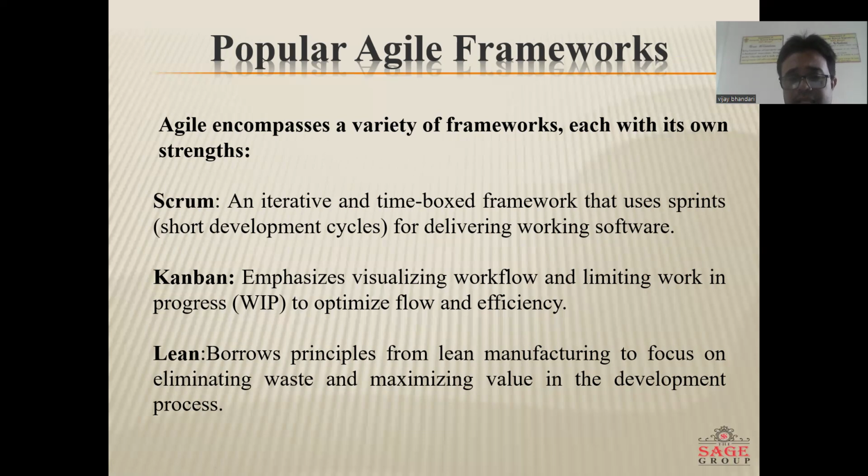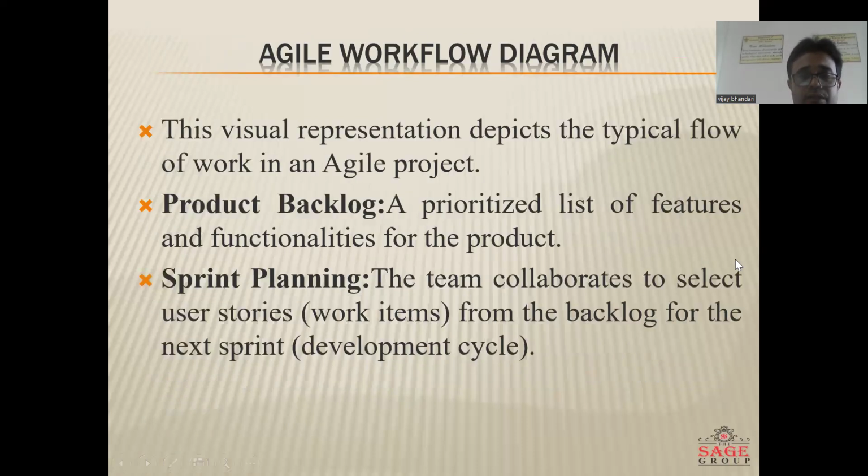Kanban emphasizes visualizing workflow and limiting work in progress to optimize flow and efficiency. Lean borrows the principles from lean manufacturing to focus on eliminating waste and maximizing value in the development process. So these are the popular agile frameworks, and now we come to the next, the agile workflow diagram.